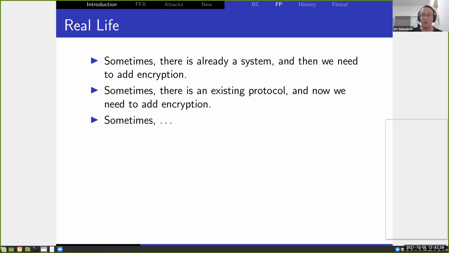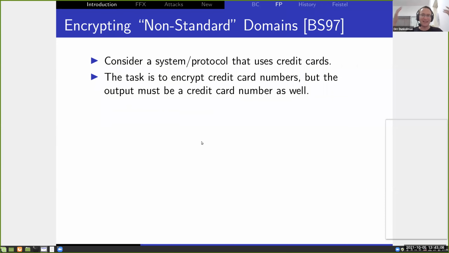If we're going to encrypt the values which are stored in the database, we need to change the database. We need to change the way the database works. The canonical example is credit card numbers, and there are also social security numbers. So let's assume that you have a protocol that broadcasts credit card numbers. Now, as you probably know, sending unencrypted credit card numbers is a very bad idea.